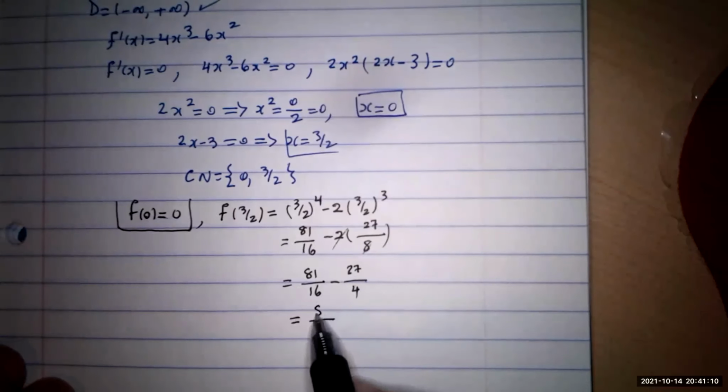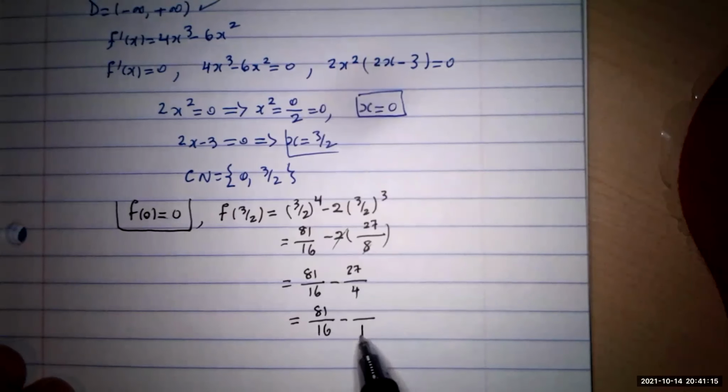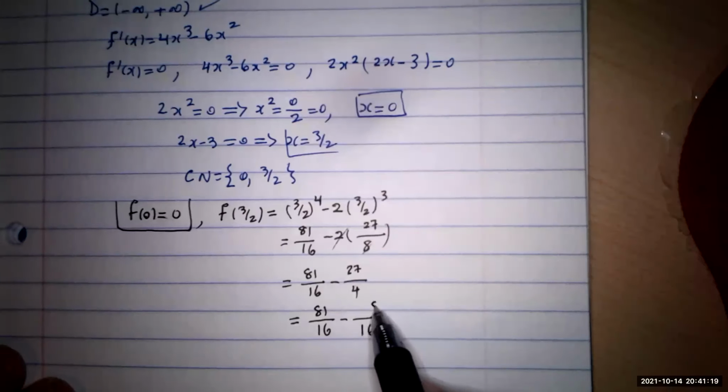So that gives 81 over 16, and you have to multiply the top of the second fraction by 4, which gives 108.